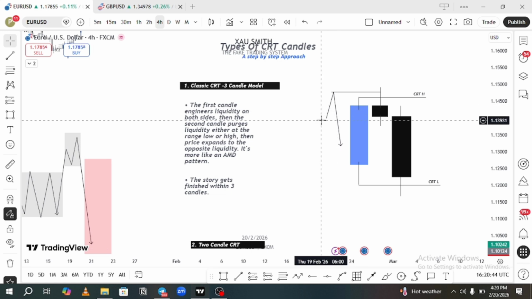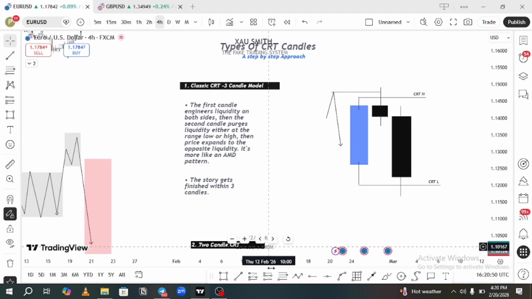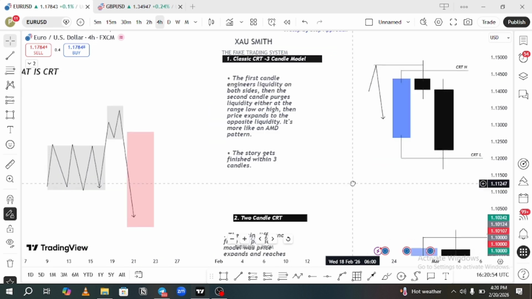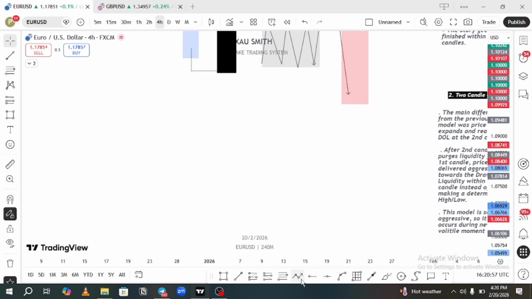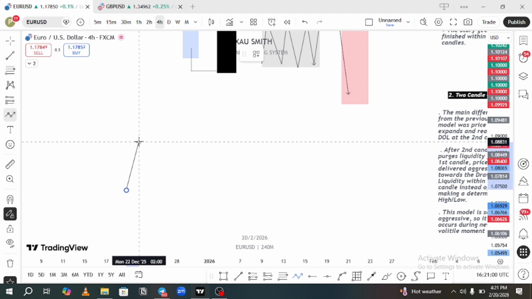So just like I said, we'll also be trading key levels. In this video, I won't go much into the key level, but I'll just mention the different types of key level we have: the A-shaped key level, the V-shaped key level, which is this guy. Let me quickly draw that. So we have the A-shaped key level.